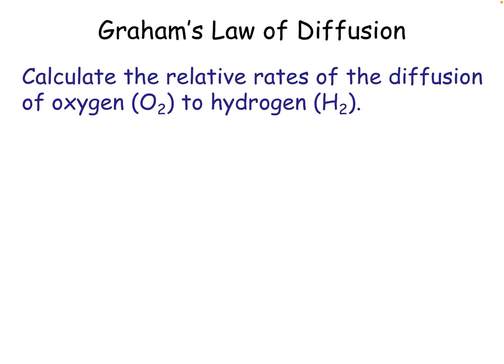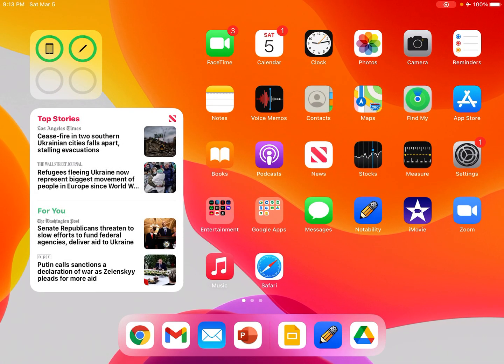Calculate the relative rates of diffusion of oxygen, O2, to hydrogen, H2. First of all, the formula is the square root of molar mass heavy over molar mass light. So we're talking about who is heavier. Well, we go to the periodic table.